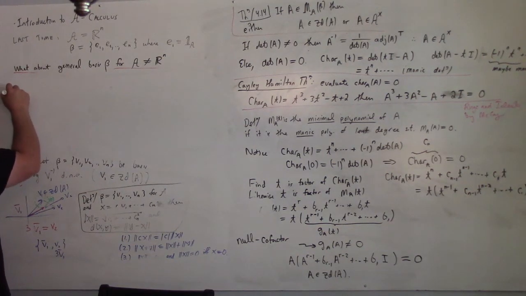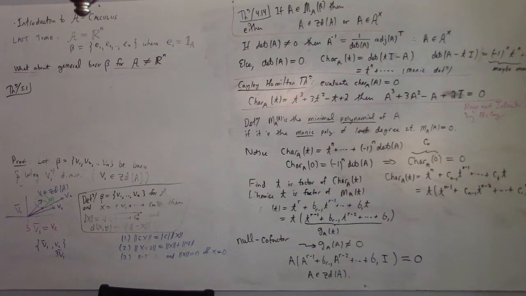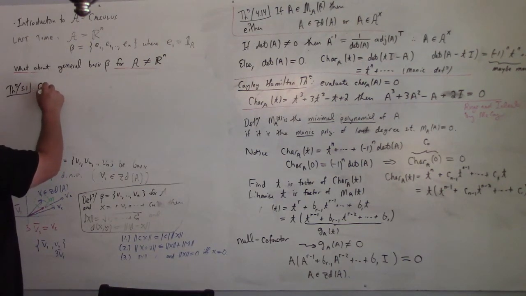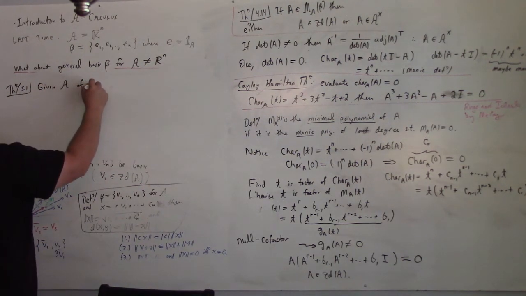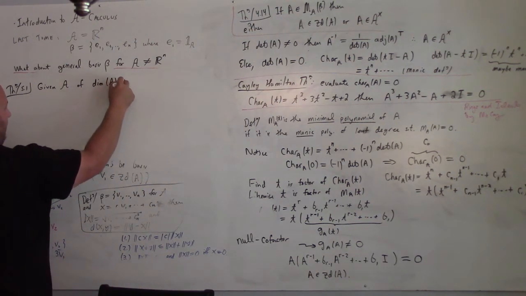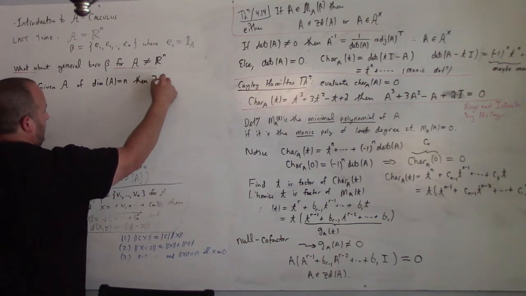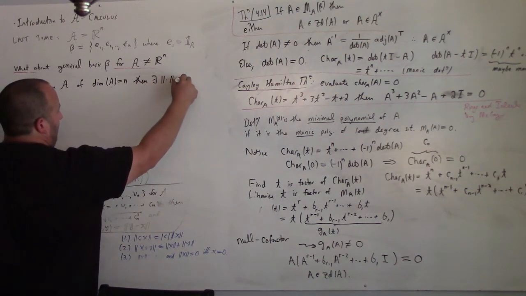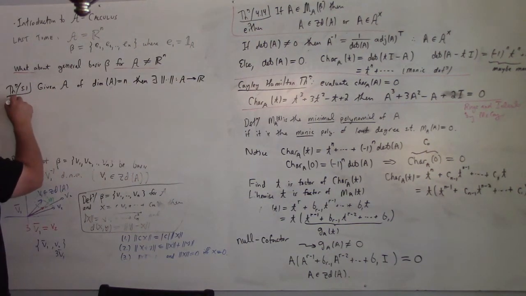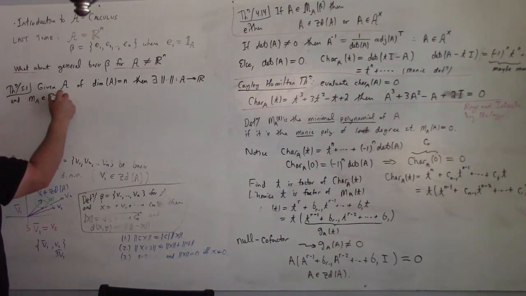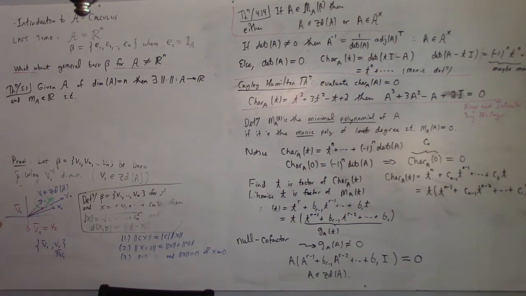So my theorem 5.1, in a nutshell, says if you've got an n-dimensional associative algebra over the reals, then there exists a norm, and there exists M sub A, an element of the reals, such that M sub A is positive, all right?